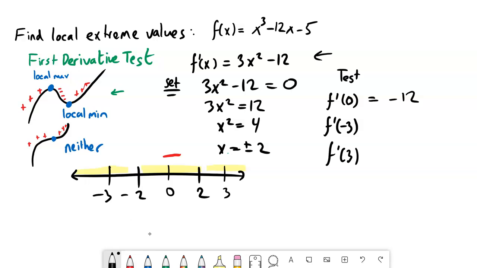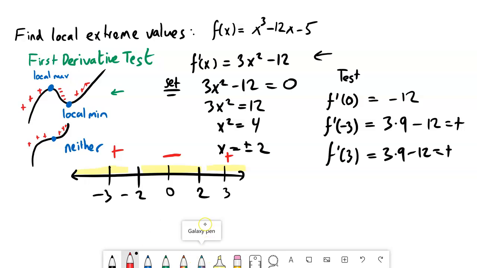Plugging in f prime of negative 3, it would be 3 times 9 minus 12. This is a positive value, so we can define this as a positive region. And similarly, plugging in 3, 3 times 9 minus 12 is positive. This is a positive region. So now we can define these critical points. This is the critical point, and this is the critical point.